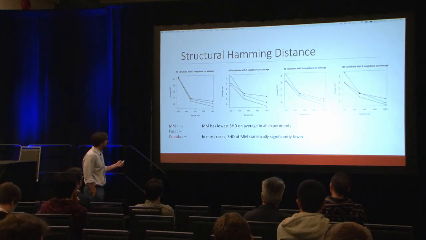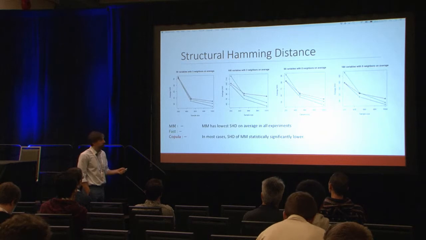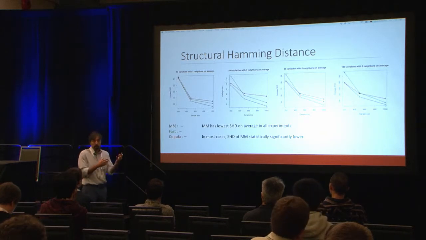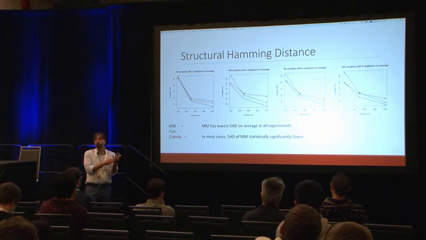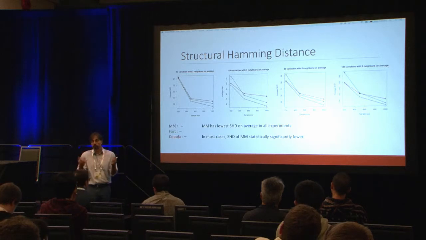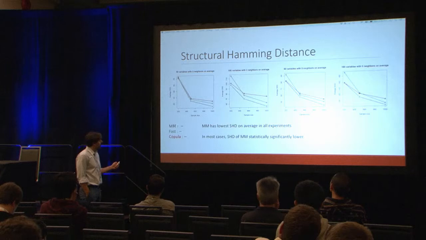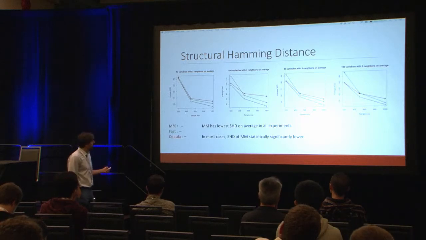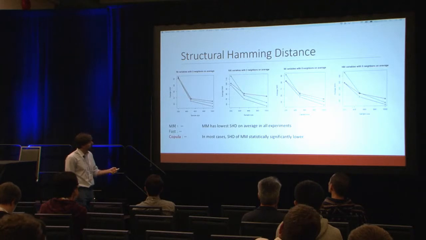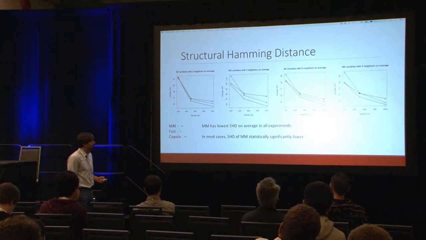So the lower the structural Hamming distance, the more the network that you found from the data resembles the true network. And basically, when you count everything in, not just the orientation of the edges, the method actually works the best and has the lowest reconstruction error.